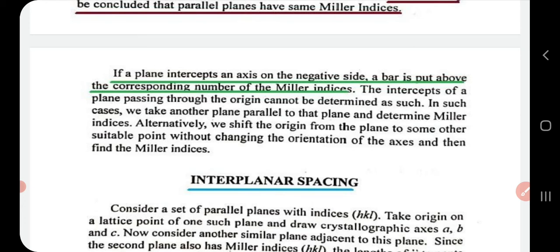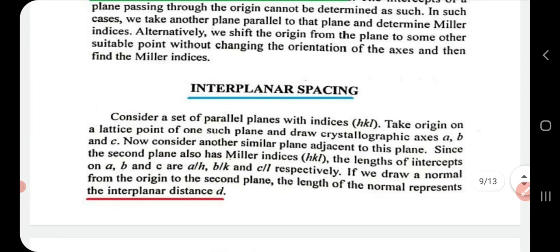Another possibility is that you shift the origin from the plane to some other point without changing the orientation of the axes. That is another way to find the Miller indices of a plane passing through the origin. The Miller indices of two parallel planes will always be equal, as I already said.